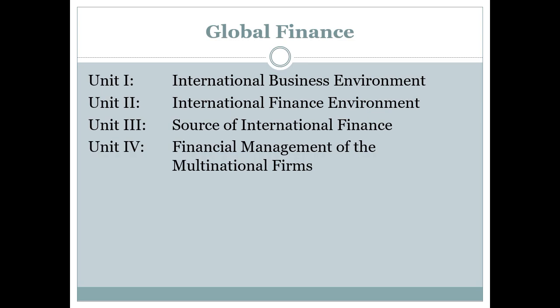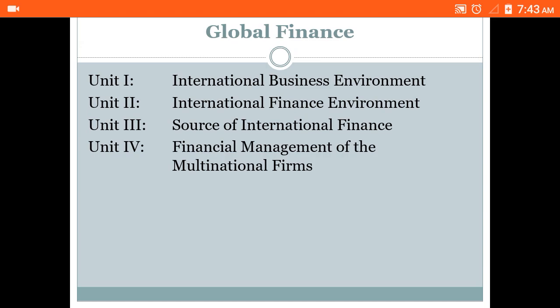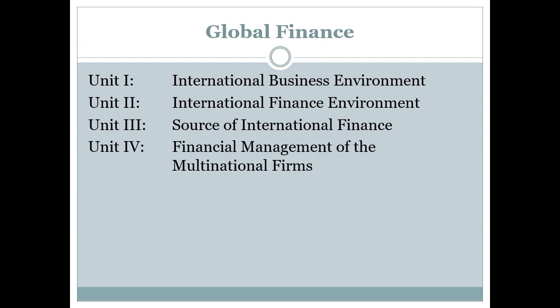Then unit number 4 is titled Financial Management of Multinational Firms. There are different types of international businesses in which multinational firms play a very important role. Here in the 4th unit, we will be studying the financial management of multinational firms.